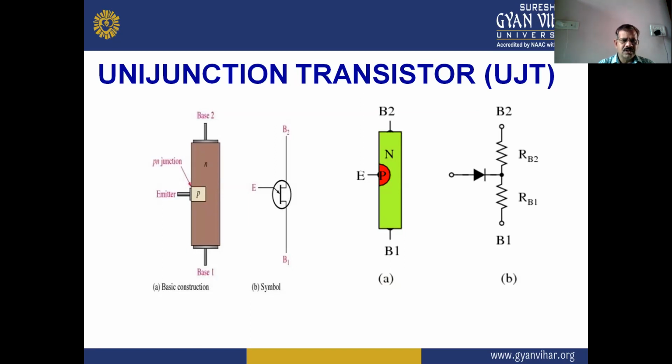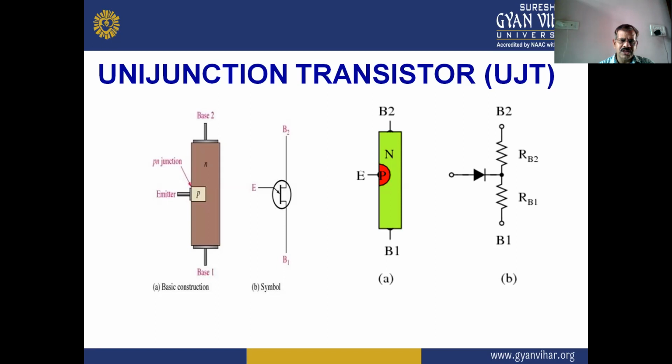In this UJT there is an N-type semiconductor layer and a P-type semiconductor layer. These two semiconductor materials are joined to each other, and after the join they form the UJT, the unijunction transistor, which has the emitter terminal, base one terminal and base two terminal.